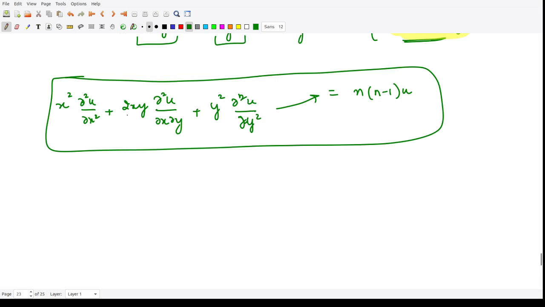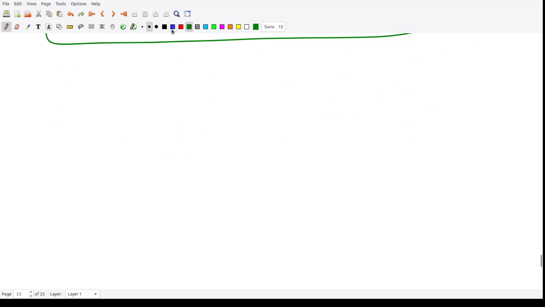In a similar manner, we have another result, which is Euler's theorem on homogeneous functions of three variables.